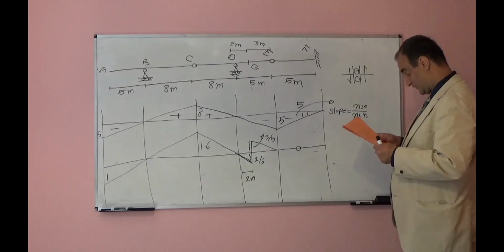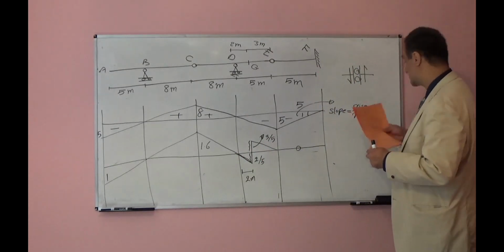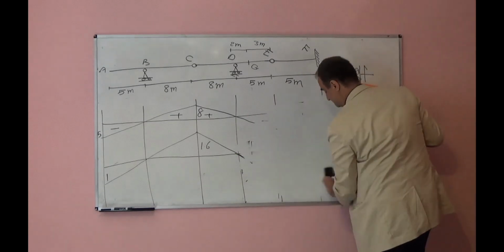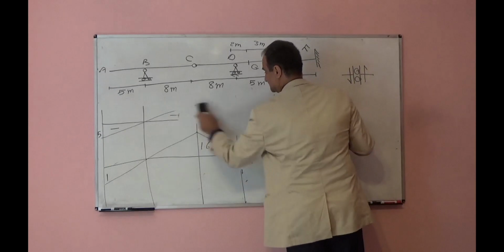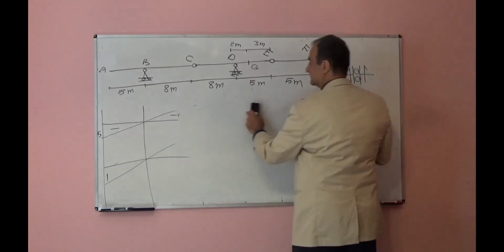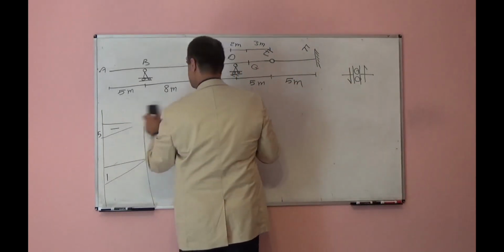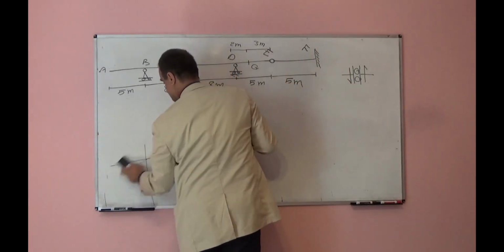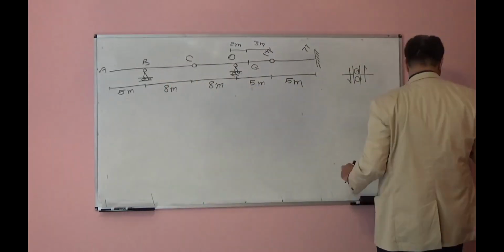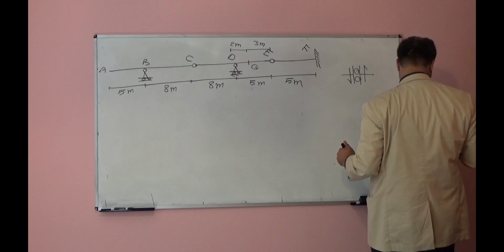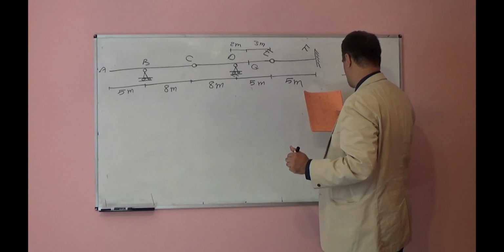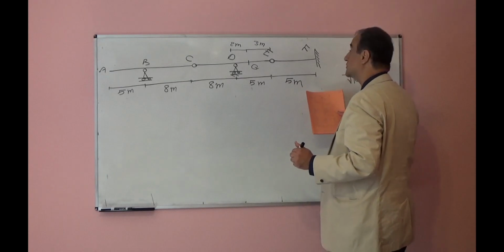Let's look at the influence line at point H. I should add one point again in the same beam. Point H should be here.